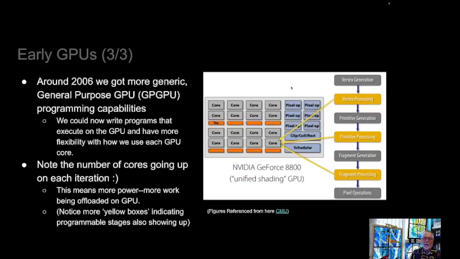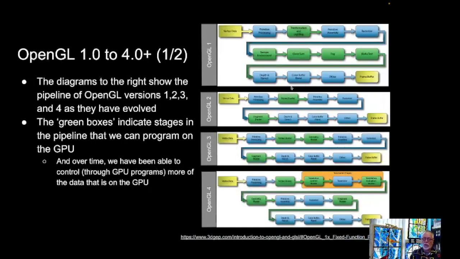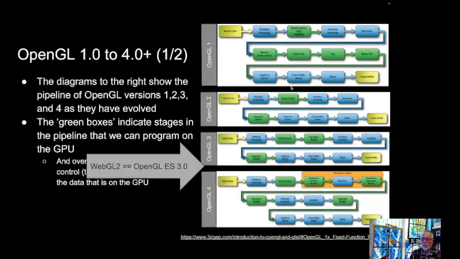And now we see another yellow box that showed up, which means that there's another place that we can write programs. So the first one, you'll see we have OpenGL 1, OpenGL 2, and OpenGL 3. OpenGL 3 has a vertex shader, a geometry shader, and a fragment shader. That's where we're going to be, but we're not going to be dealing with the geometry shader.